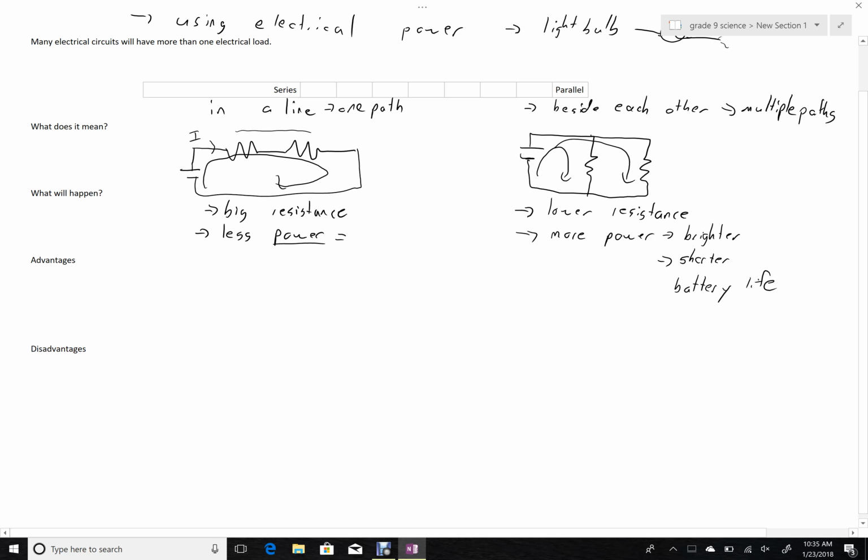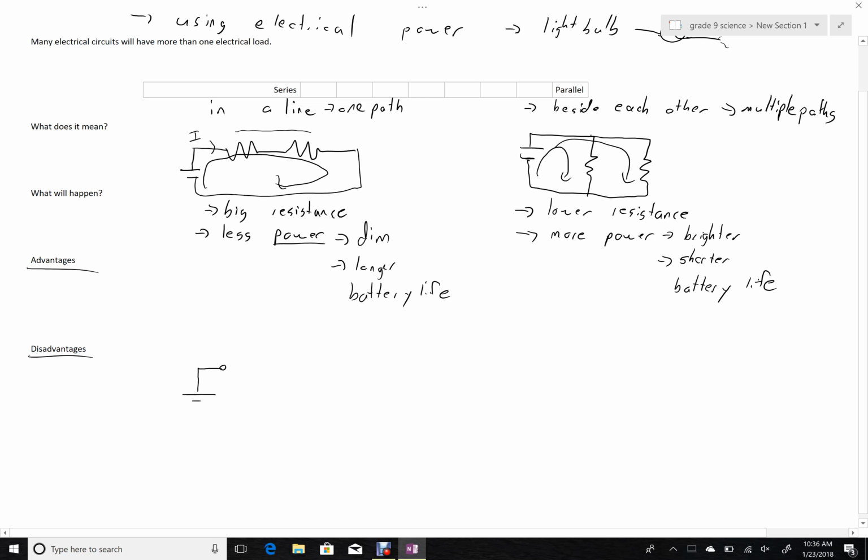And this one says dim, but longer battery life. So you can see how those two things can play in as either an advantage or a disadvantage to those types of circuits.